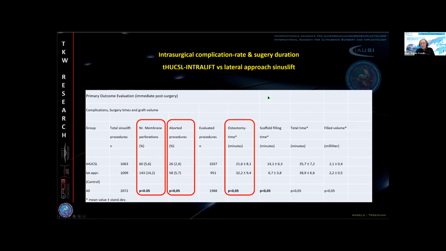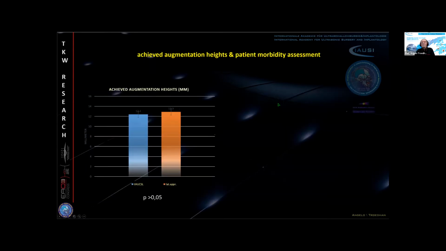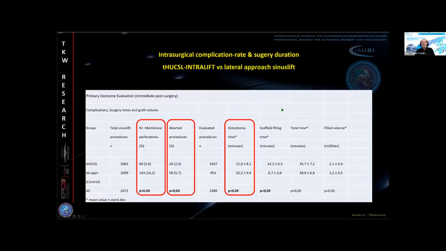The osteotomy time, of course, with the INTRALIFT, since it's a simple transcrestal approach, is significantly lower than with the lateral approach technique. But, and here comes now the back step. Of course, if you have a big bone window with the lateral approach, the filling of the bone graft material, of course, is much faster.